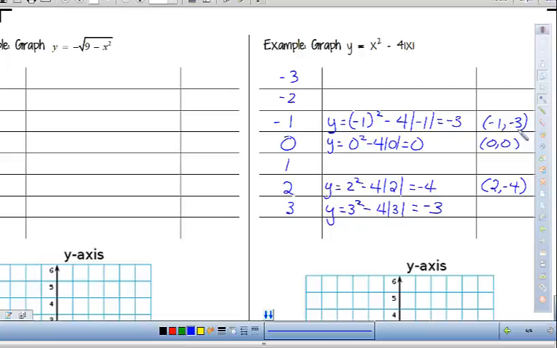Okay. All right, I think I've got most of them. What'd you get for negative 3? Okay, negative 3. So we get negative 3, negative 3. Also 3, negative 3. And anybody for negative 2?